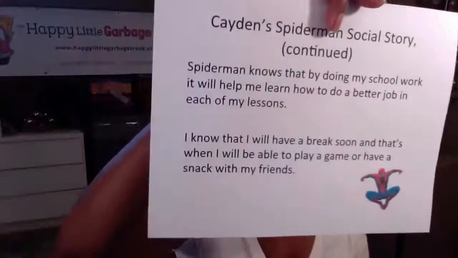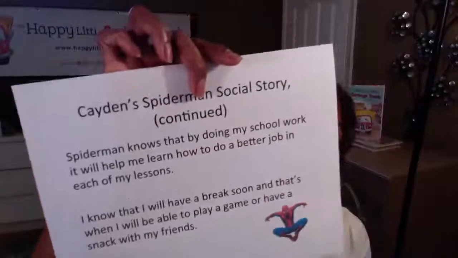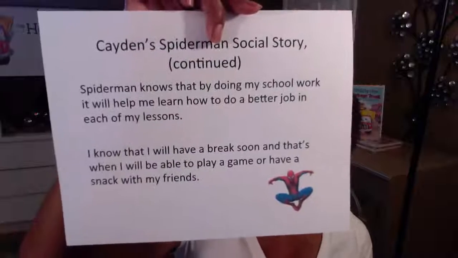That's giving the student an idea of why it's important to do this. He's going to do a better job in his lessons. Then the cooperative statement is, I know that I will have a break soon, and that's when I will be able to play a game or have a snack with my friends. The cooperative sentence is the resolution. By doing his work, he'll be able to have that preferred activity, which we've talked about earlier.